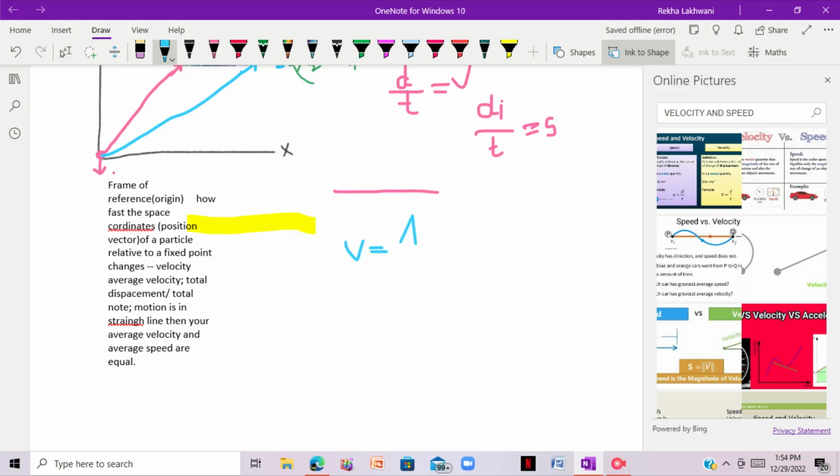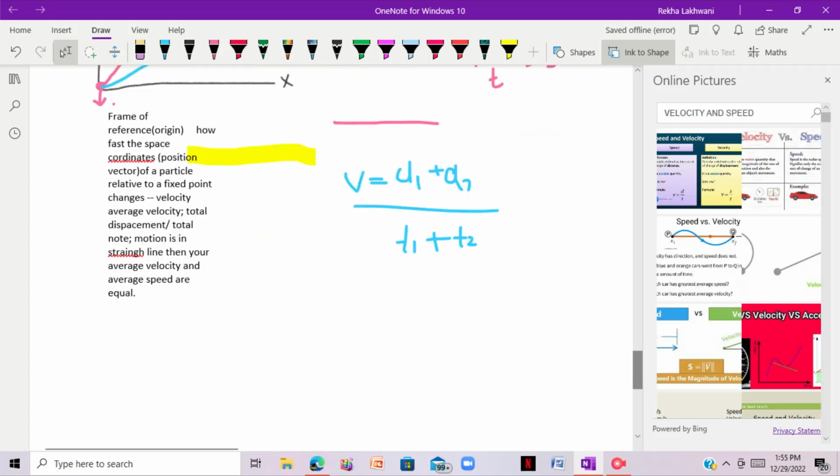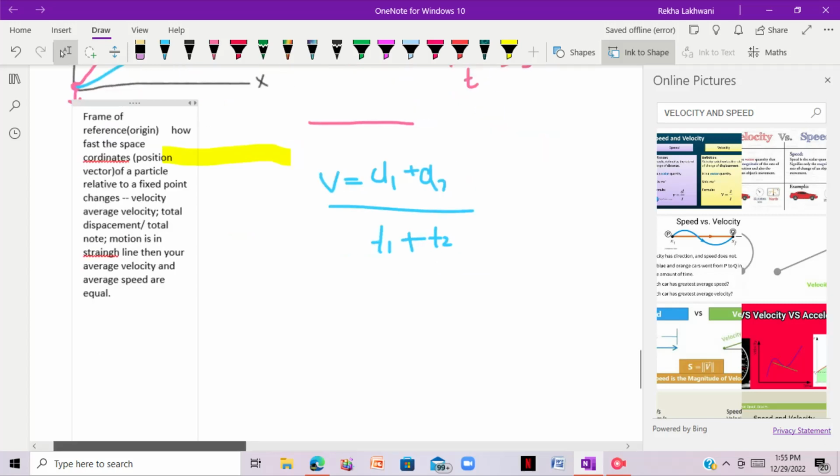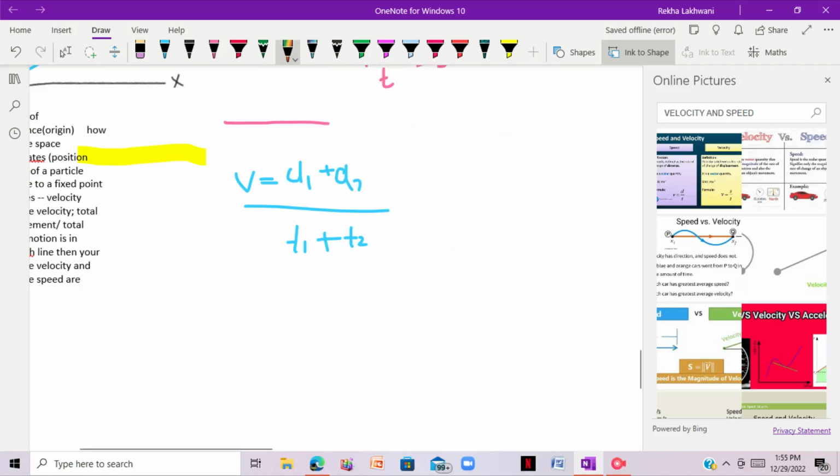So here we can write v1 t1 plus v2 t2 upon t1 plus t2. If the time remains the same, t1 plus t2, right?